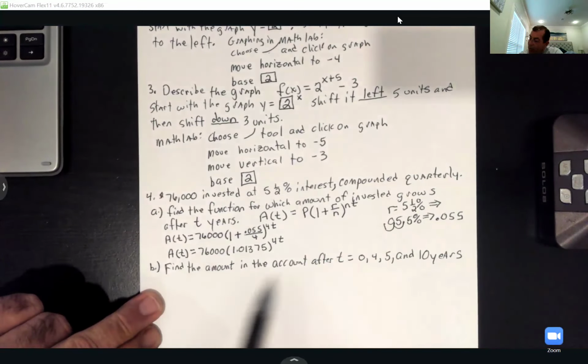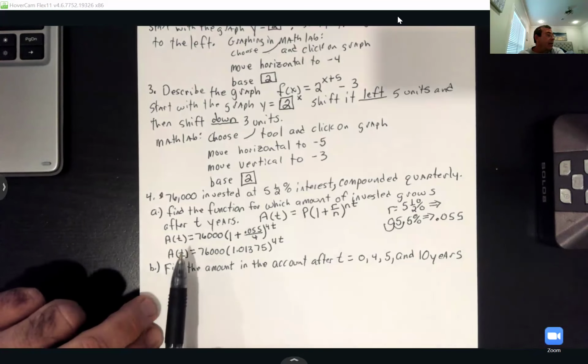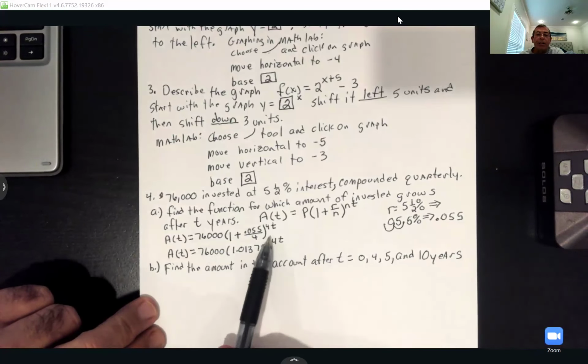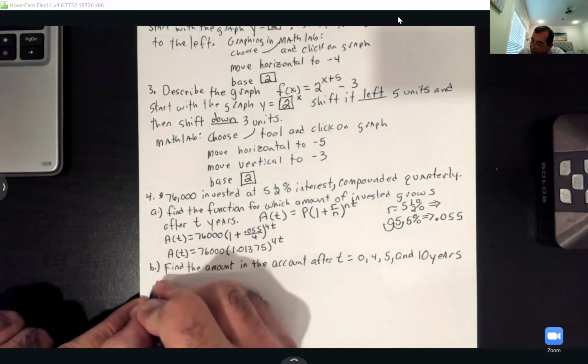So basically, they want me to find A of 0, A of 4, A of 5, and A of 10. Now, I can do these individually, put a 0 in for the t, see what I get. Put a 4 in, see what I get, okay?